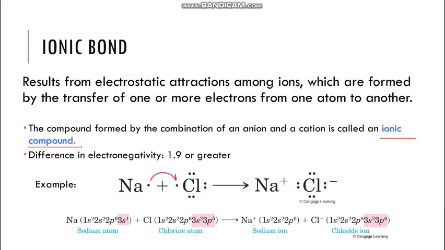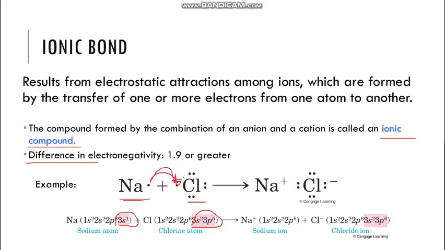Okay? So, may guide para malaman din natin kung siya ay ionic bond based sa electronegativity: if the difference of the electronegativities of two elements like Na and Cl is 1.9 or greater. So, ang sodium natin has a valence electron of 1. Ito naman sa ating Cl ay 7. So, ang sodium natin, siya yung nag-transfer ng electron dito sa ating Cl.